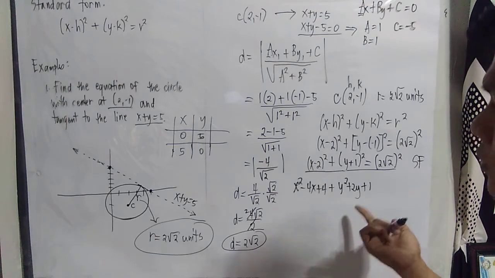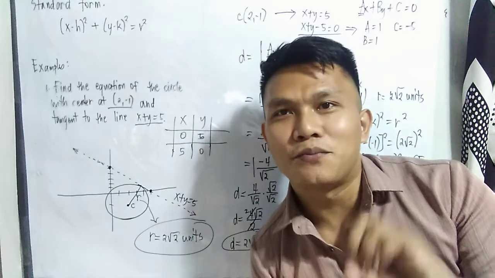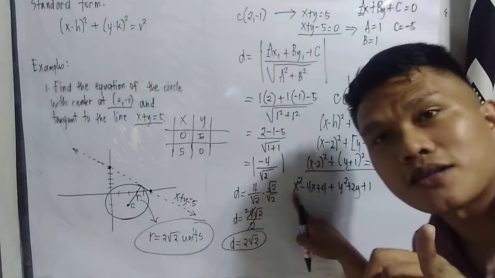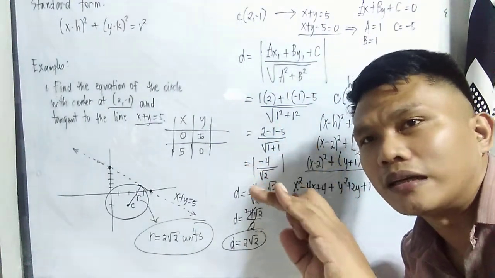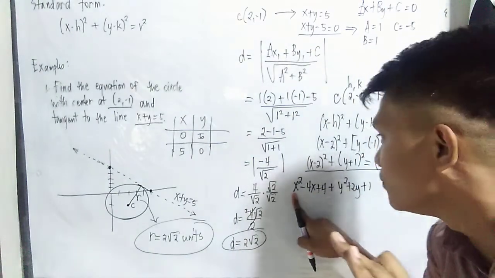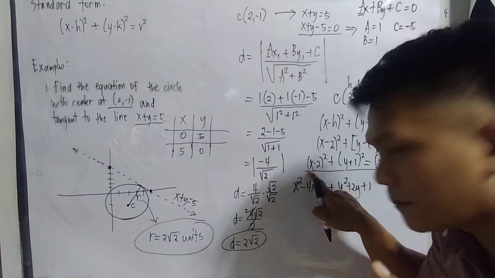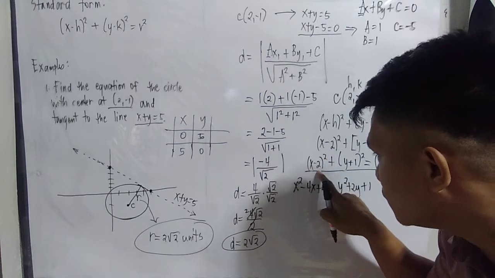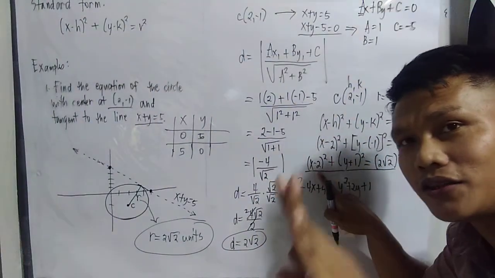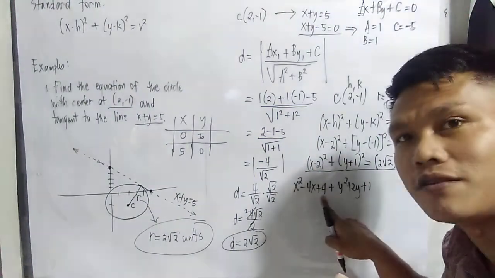So how are we going to simplify a binomial square? We have three steps. Number 1, square the first term, and that is x squared. Number 2, we have twice the product of the first term and the second term. So twice, that is 2 times x is 2x, times negative 2 is negative 4x. Then the third step is square the last term. That is negative 2 squared, which is positive 4.